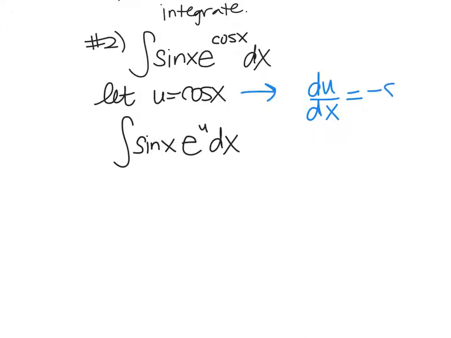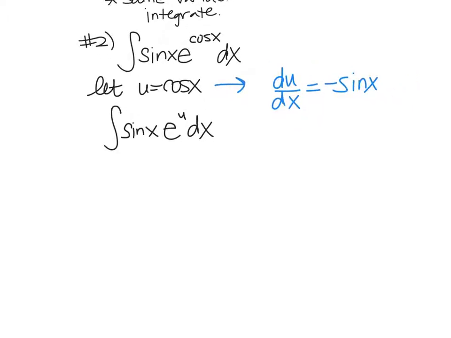Yeah, derivative. Negative sine x. Okay? And so what I'm trying to do is this. I have this equation with u in it, but I have dx and I need du. So I'm going to try to solve for dx in terms of du.